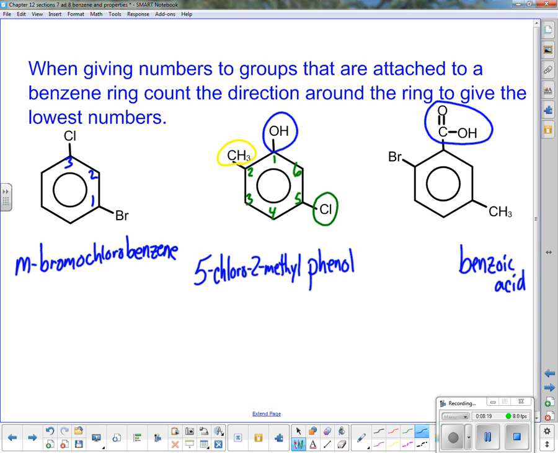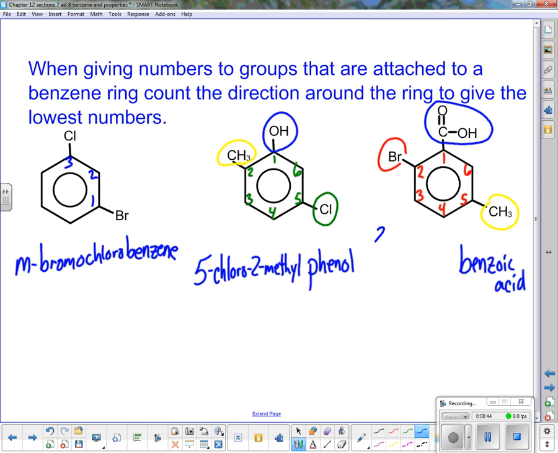All right, so again, I want the smallest numbers going around. So to do that, I'm going to start here with 1, then go counterclockwise around because I'll get the lowest numbers. I've got 2 groups coming off. I've got a bromine and I've got a methane group. So I'm going to number the bromine because alphabetically it comes first.